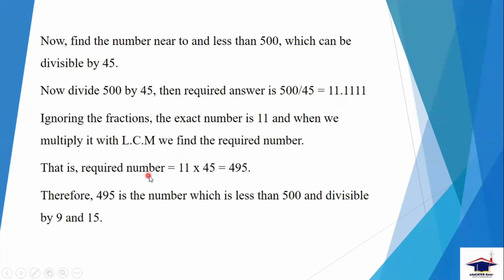So the required number is 11 multiplied by 45, that is the LCM. 11 into 45 is 495, which is less than 500. Therefore, 495 is the number which is less than 500 and also divisible by 9 and 15. This is how you will find out the answer.